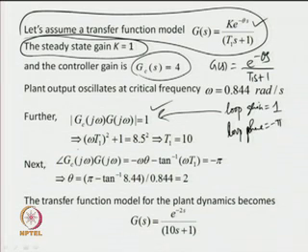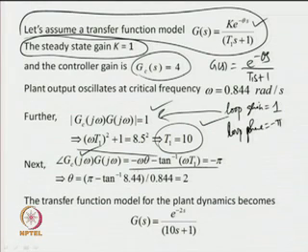After simplification, this gives us omega T 1 square plus 1 is equal to 8.5 square, which gives us T 1 equal to 10. Using the loop phase condition, the angle of G C j omega, G j omega is equal to minus omega theta minus tan inverse omega T 1 is equal to minus pi.